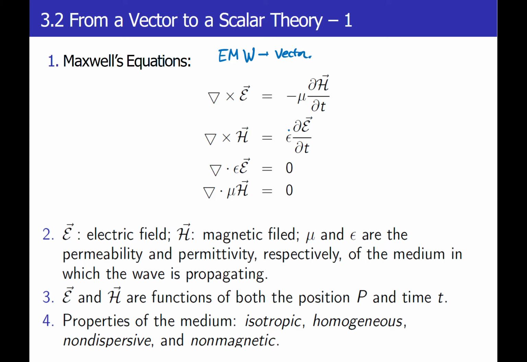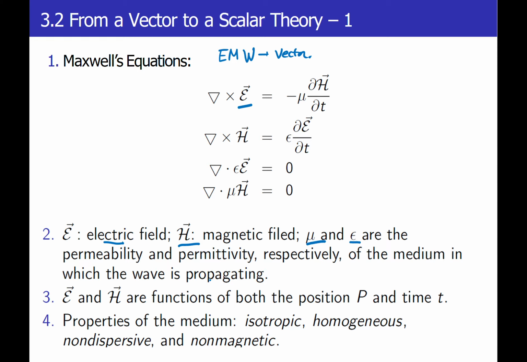So in the case of a dielectric medium, we have an electric field vector E, and H is the magnetic field, and the electric field and the magnetic field are governed by the material characteristics, which are given by mu and epsilon. Mu and epsilon are the characteristics of the medium in which the wave is propagating.